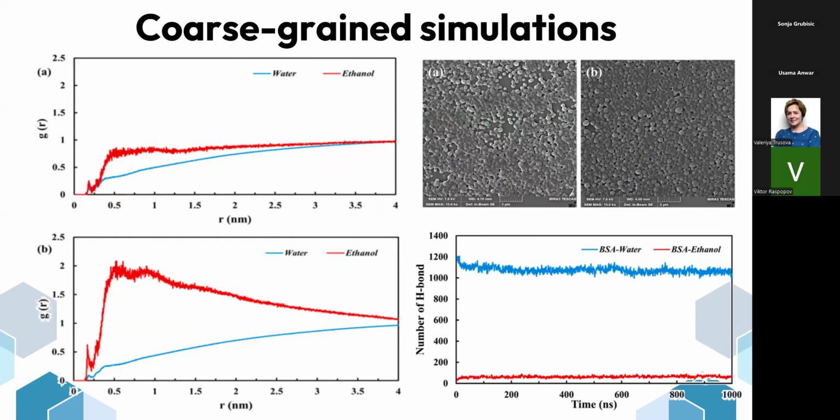For example, Martini-based coarse-grained simulations have been employed to study the drug encapsulation behavior into albumin nanoparticles of different size, and they revealed that environmental factors like ionic strength or pH affect the size of the resultant nanoparticle and the stability of this particle, which is, of course, very critical for effective drug delivery.